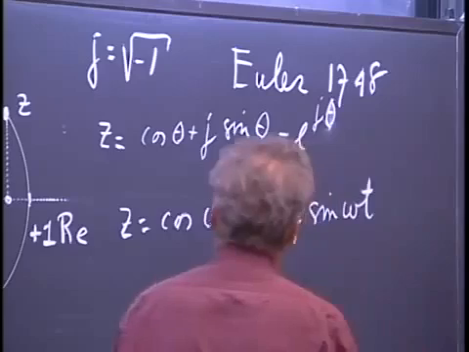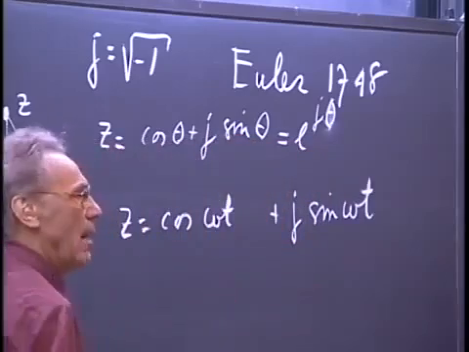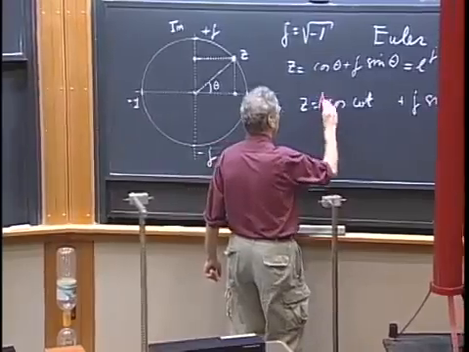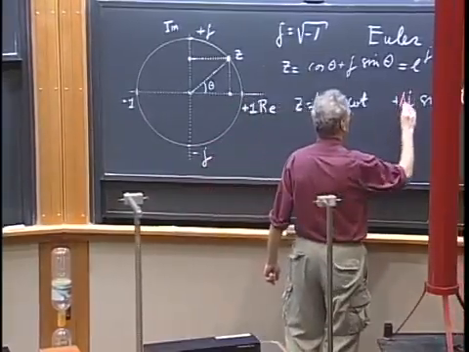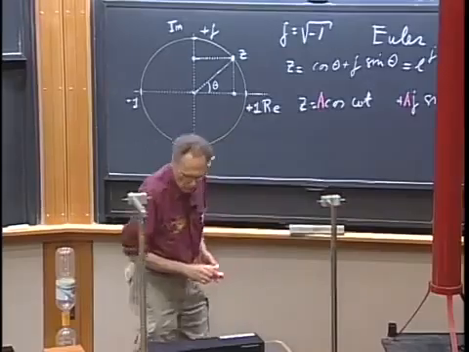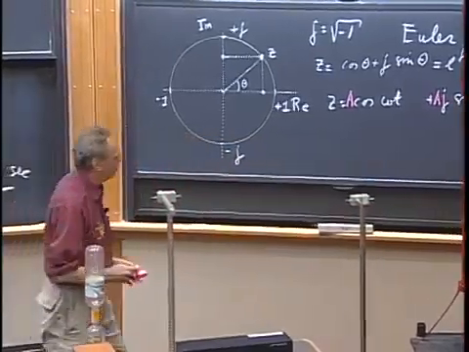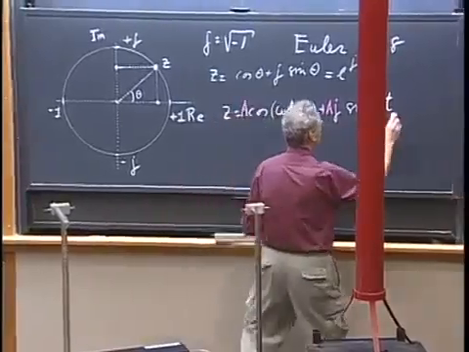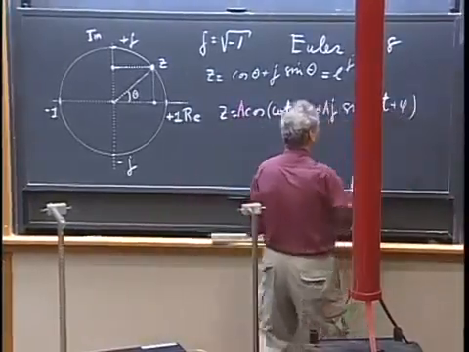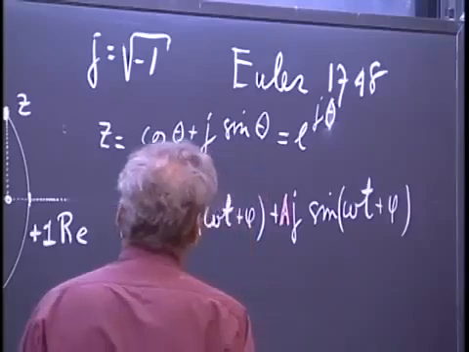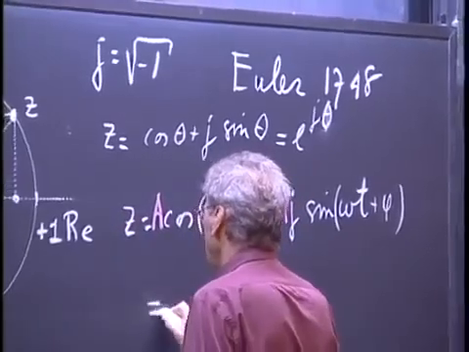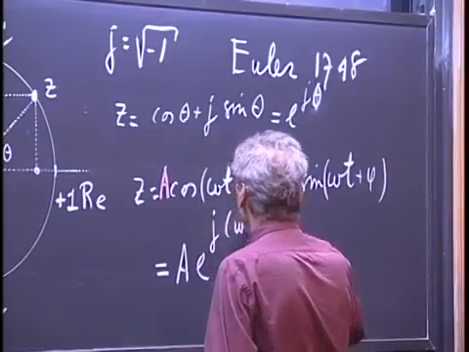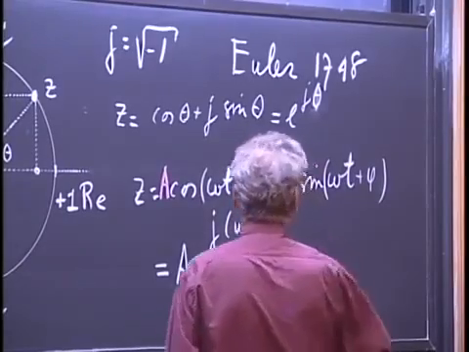And of course, I'm not stuck to an amplitude of 1. I can easily make the amplitude A times larger. And of course, depending upon my initial conditions, there is nothing wrong with having a phase angle phi here. And this then is A times e to the power j(omega t plus phi), according to Euler.